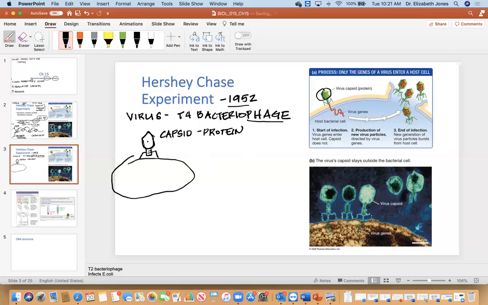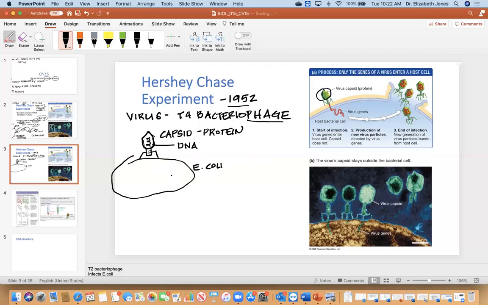Okay, and then on the inside, stored inside this protein capsule, is the DNA, okay? This DNA is viral DNA and contains the instructions on how to make more virus. Now, what will happen is that this virus will use its little legs to attach to the outside of a bacteria like an E. coli.